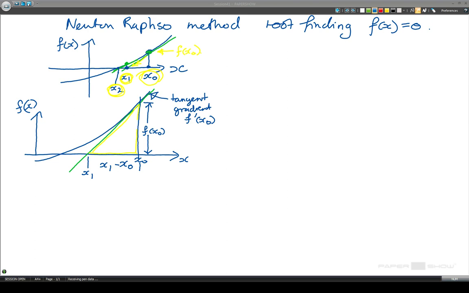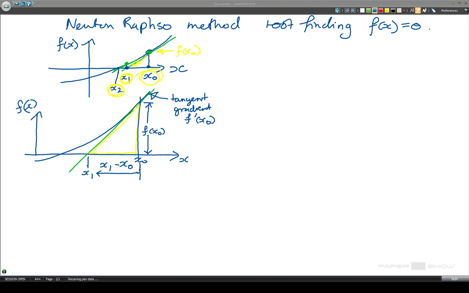It's the difference in positions, and the way that I have drawn it there is it's the difference in positions measured in this direction. We're going from x0 to x1, so actually that's going to be a negative number, the way that I've drawn it, because it's going backwards along the x-axis.